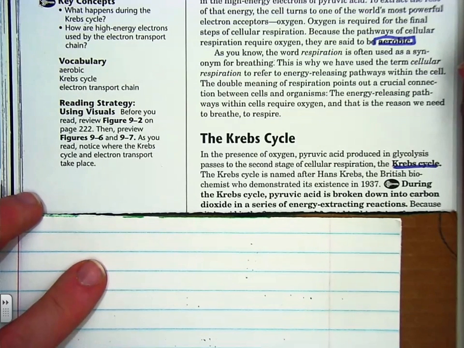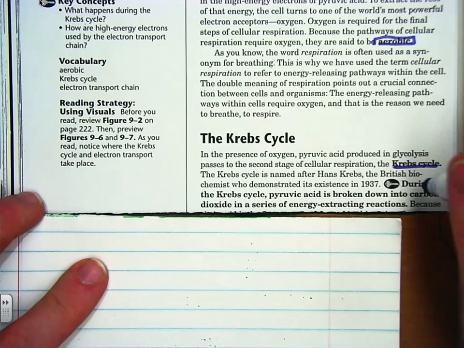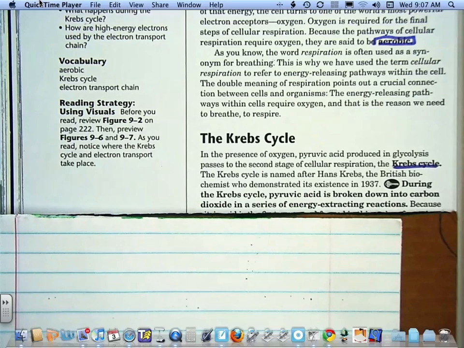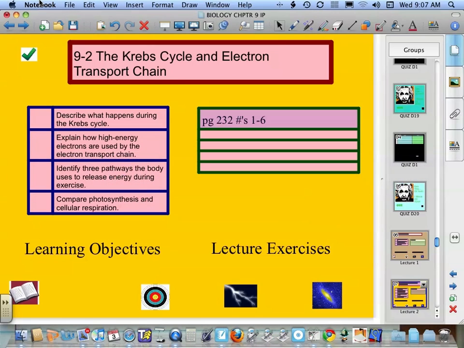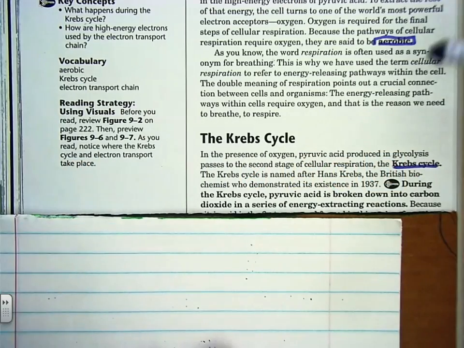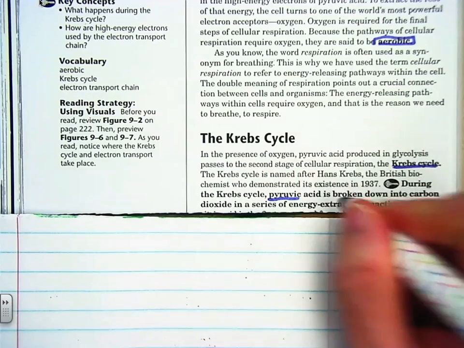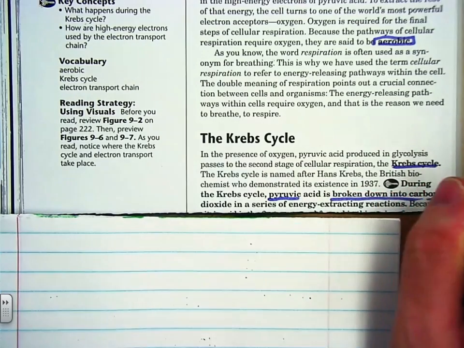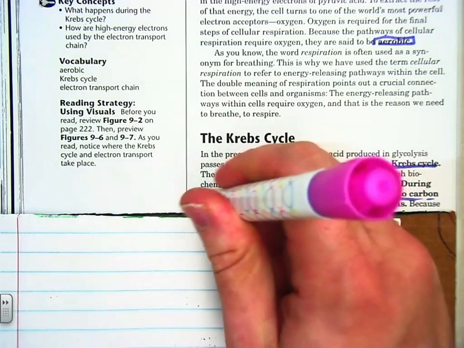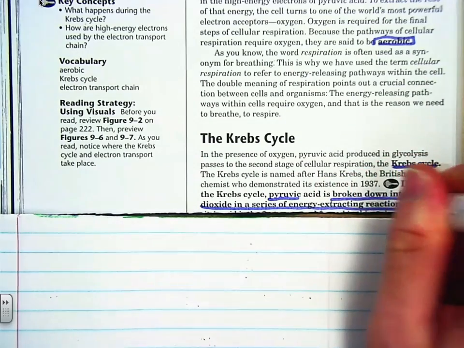During the Krebs cycle, pyruvic acid is broken down into carbon dioxide in a series of energy-extracting reactions. Oh, here's a key concept, and I think that's one of our objectives. Let's find out. Describe what happens during the Krebs cycle. All right, and the simplest answer is, in the Krebs cycle, pyruvic acid is broken down into carbon dioxide in a series of energy-extracting reactions.